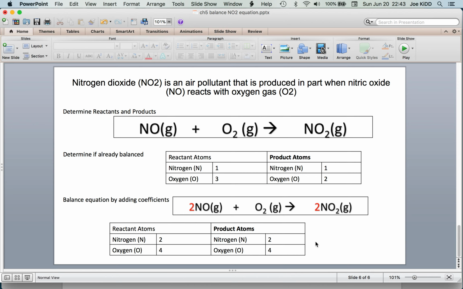On the product side, I now have 2 nitrogens, which balances that out still. But I still would only have 1 oxygen on this side. So if I added 2 here, that would give me 4 oxygens as well. And now I have a balanced chemical equation.